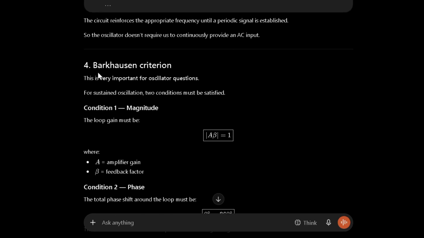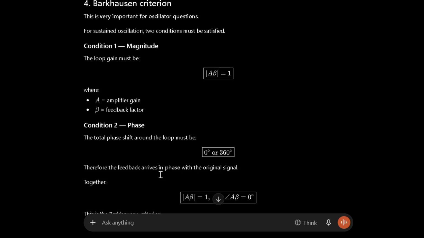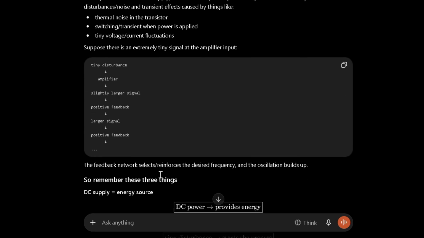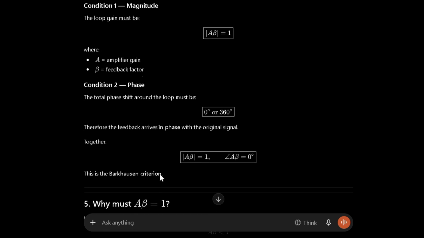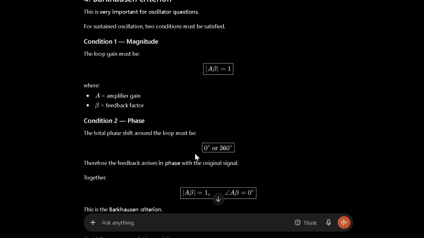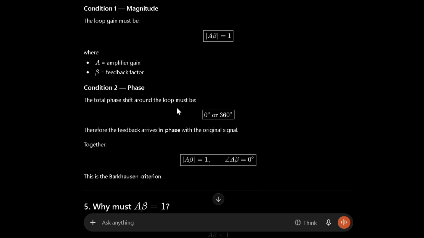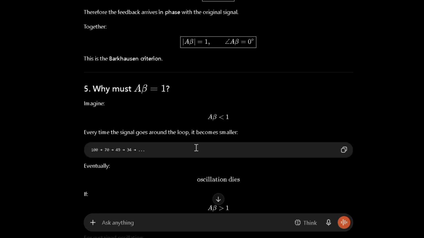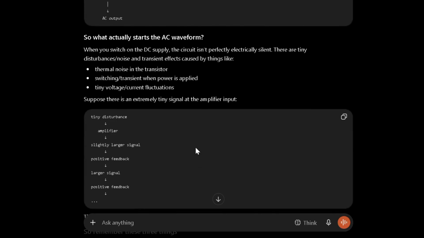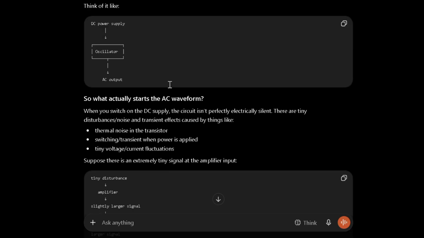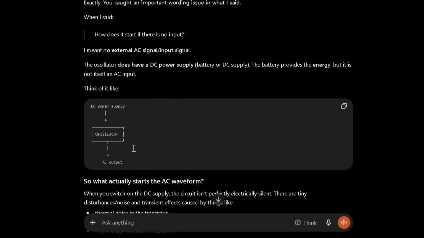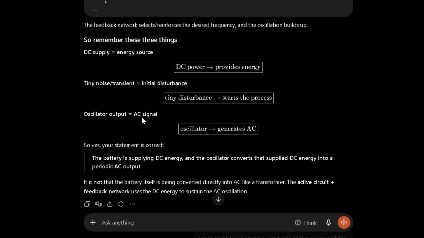Barkhausen criteria: A beta equals 1, and the phase shift of the loop must be 0 or 360 degrees. That's the condition. So this RC network satisfies the condition.